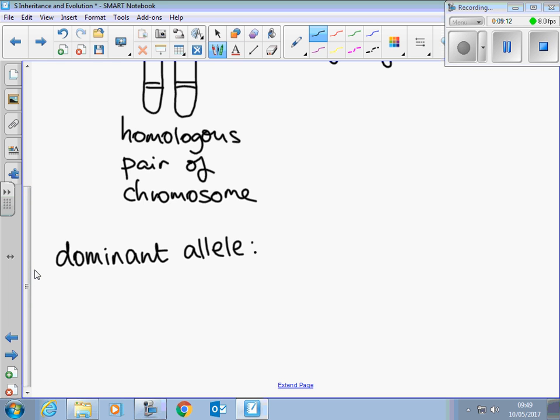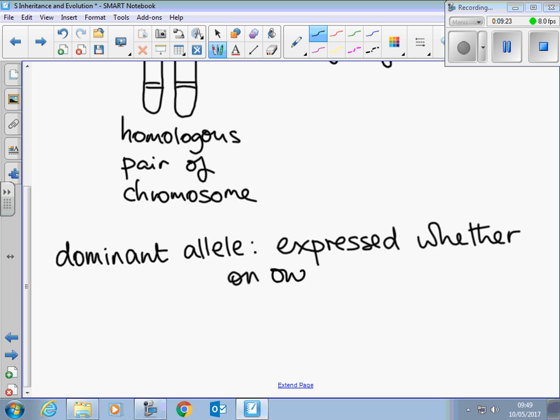So this is expressed whether on one or both chromosomes. If there's 1 copy, you'll still see it. If there's 2 copies, you'll obviously see it.